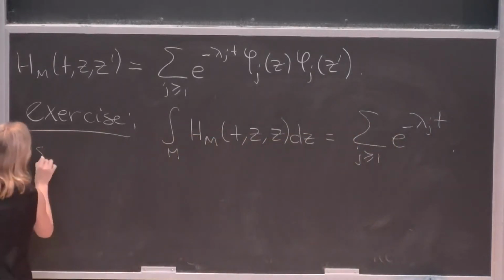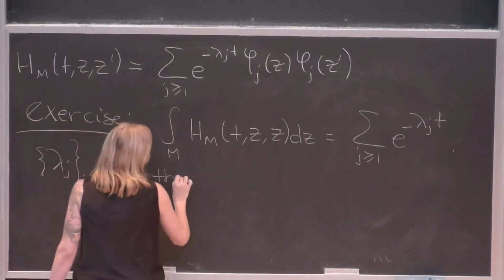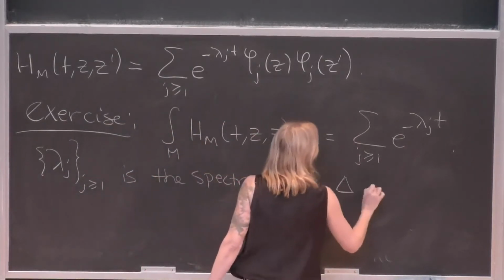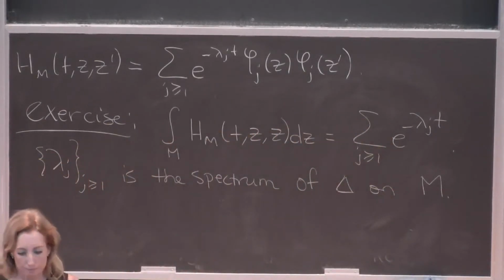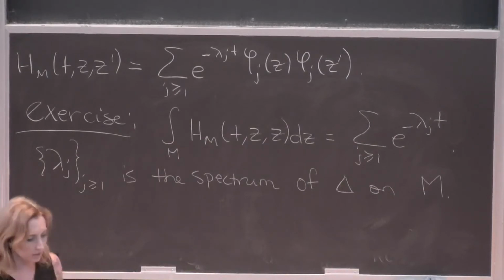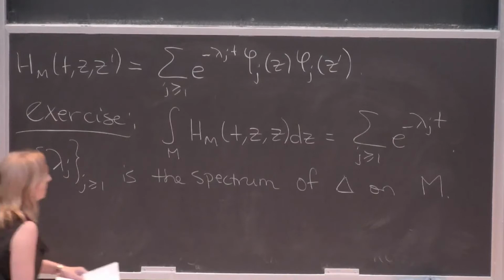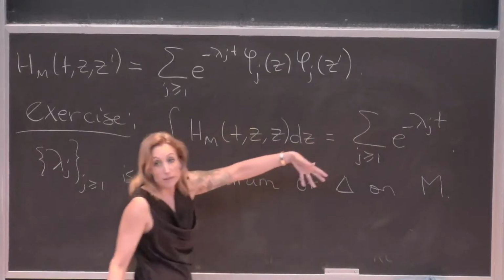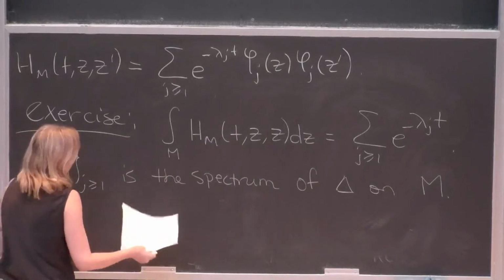And just FYI, the collection of all of these lambdas is called the spectrum of the Laplacian on M. Those numbers are important, and anything which is determined by those numbers is called a spectral invariant. This quantity is obviously determined by these numbers, and so we see that the heat trace is a spectral invariant. But we don't know what they are.